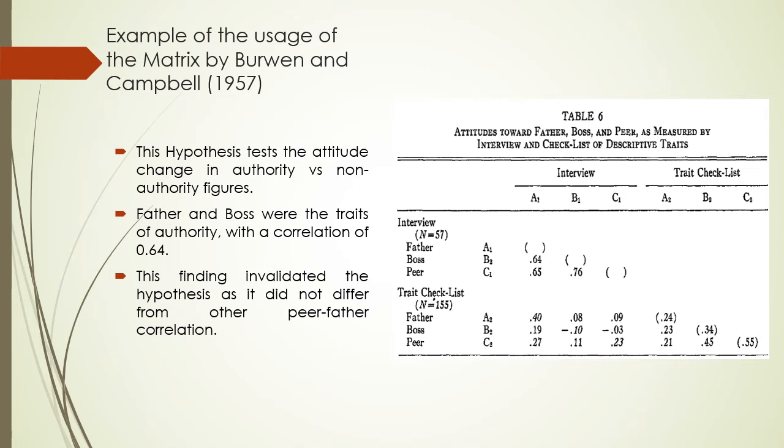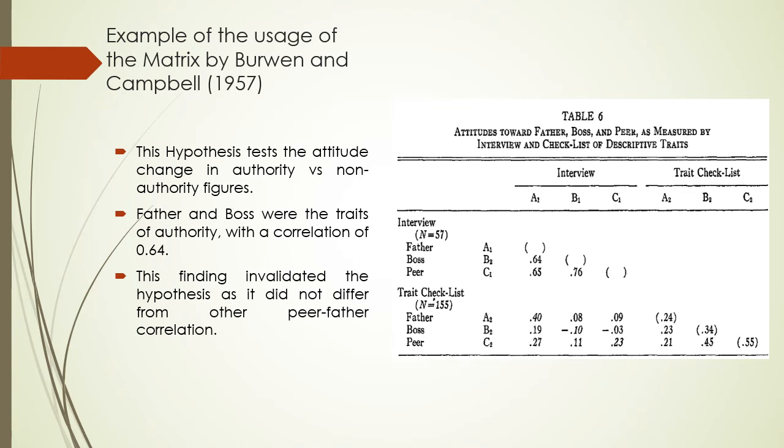However, for the purpose of their hypothesis, they would expect discriminant validity when it comes to peer and boss or peer and father, because these are considered the non-authority figures and they weren't supposed to correlate highly. But they observed this over here with a very high correlation, even bigger than the boss and father correlation, which quickly invalidated the hypothesis and the measures that they are using.